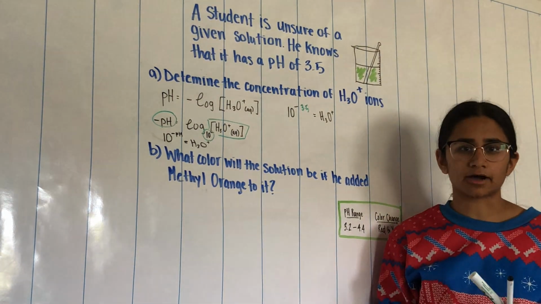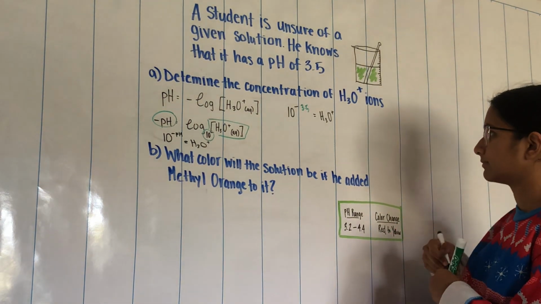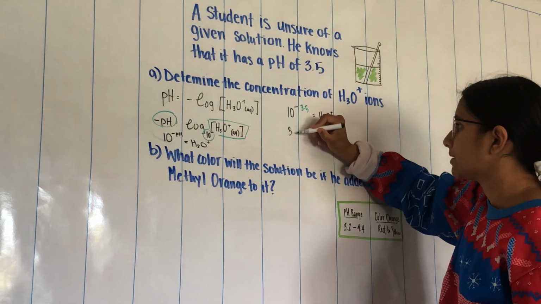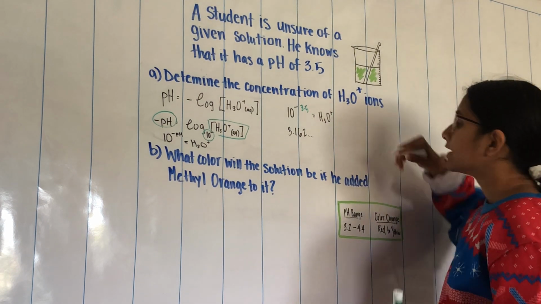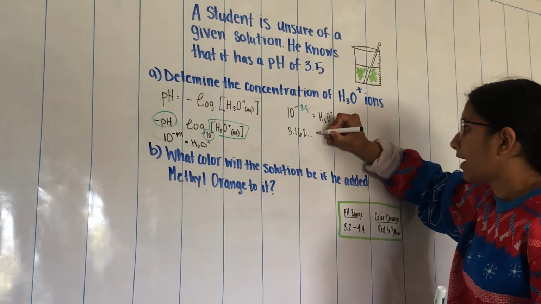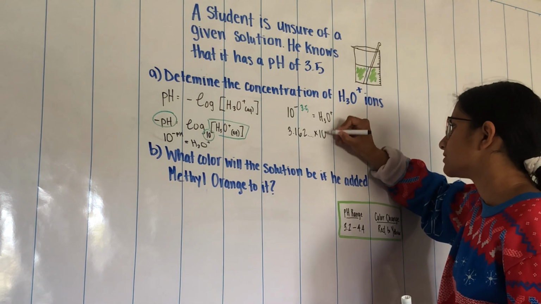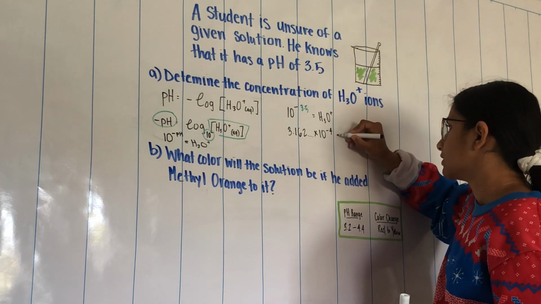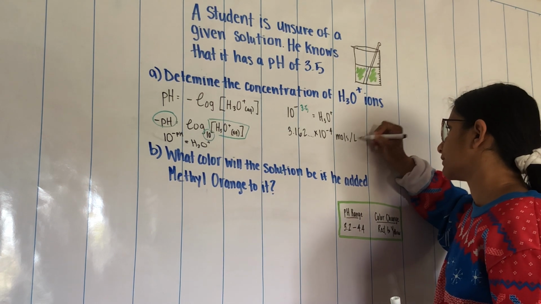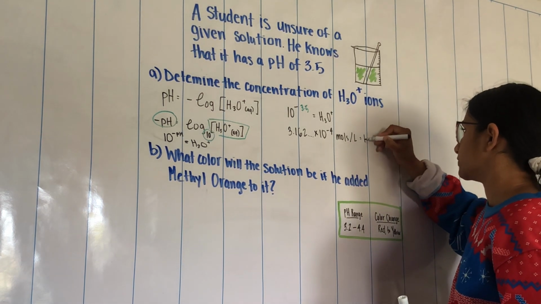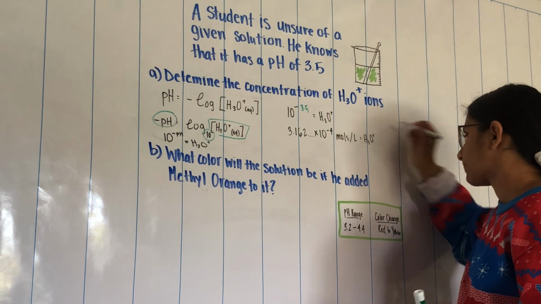When you calculate this out, you're going to get an answer of 3.162, and it goes on and on, times 10 to the -4 moles per liter, which is equal to your concentration.